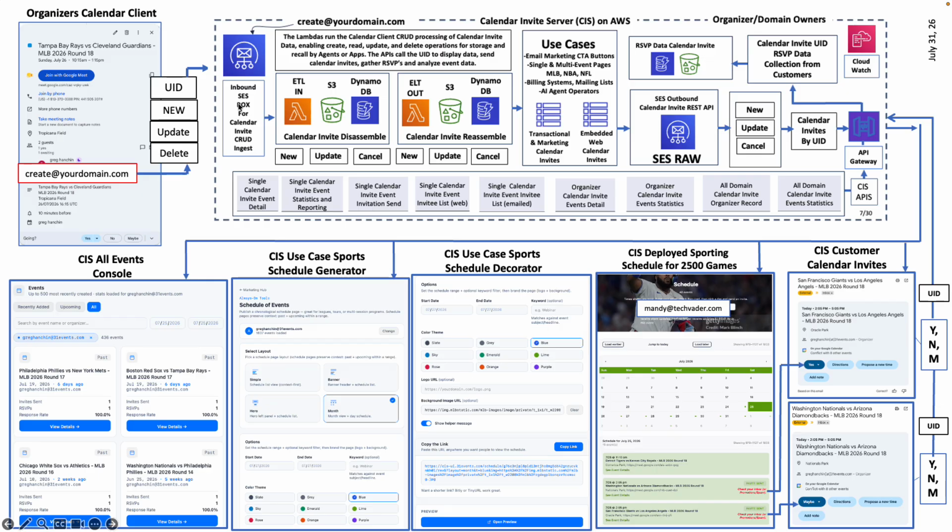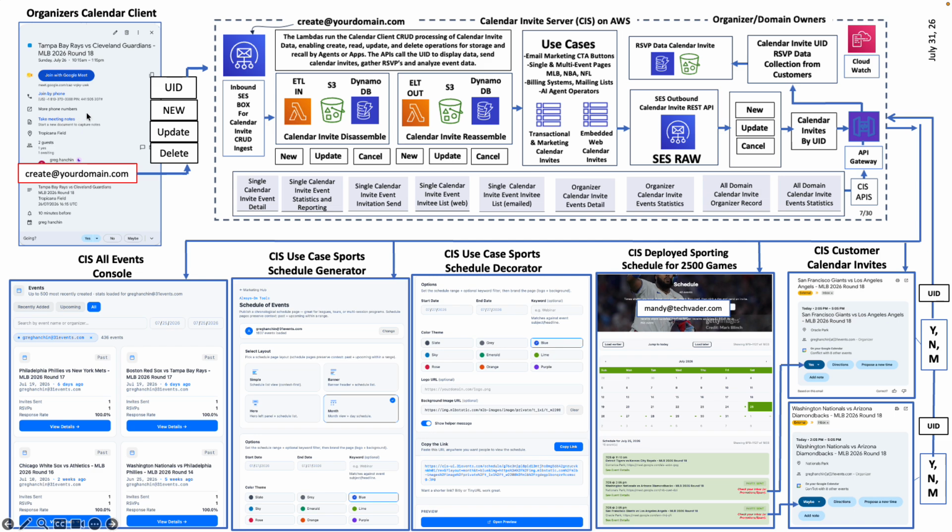So it comes in via SES. As we all know, that's a Boto 3 inbound client. You map the identity to it. It goes to an S3 box. We start the ETL process here. We disassemble all the data from your calendar clients here, and we store them by the sender. So that sender becomes the system of record, the SOR, and becomes the identity behind anything they send from the calendar client.